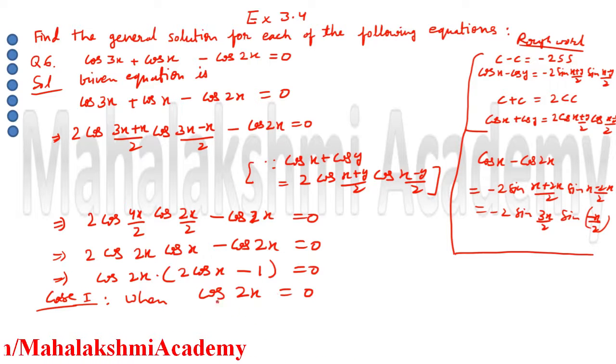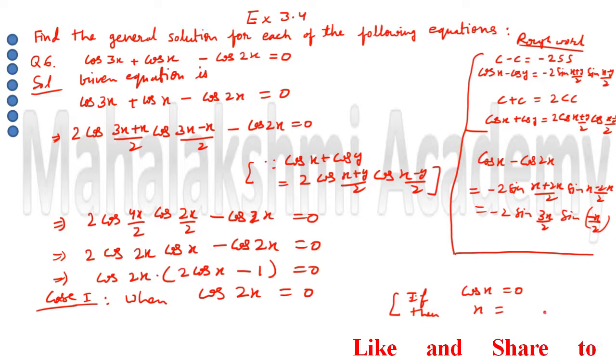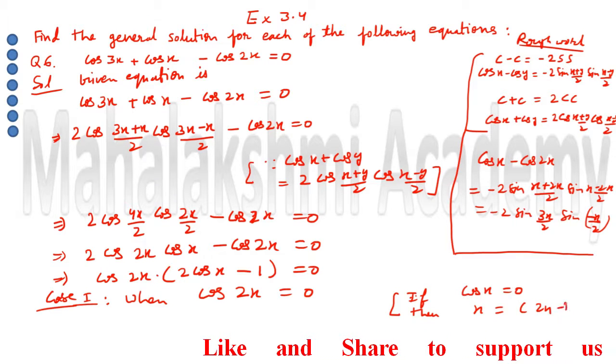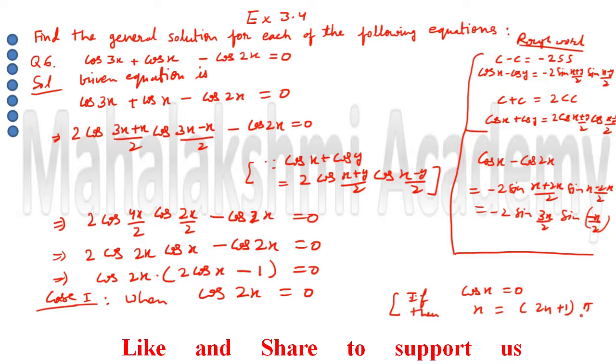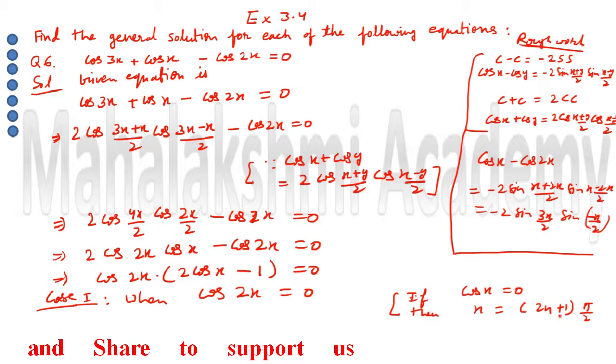So students, in this, we have a formula: if cos x is equal to 0, then x is equal to (2n plus 1) pi by 2. So it's a formula, and we are going to use this formula here.